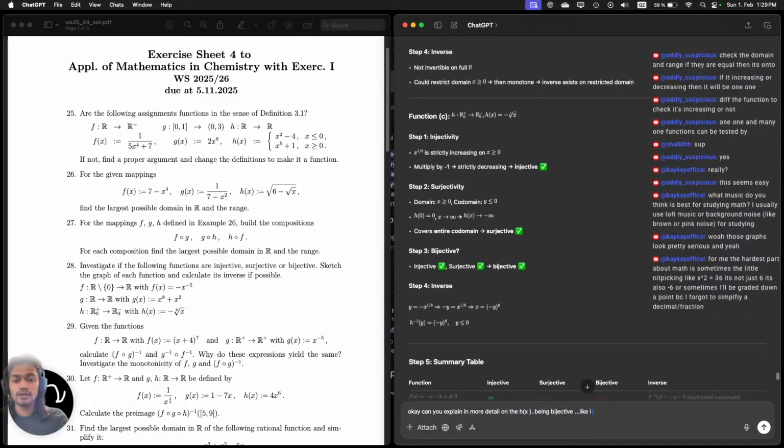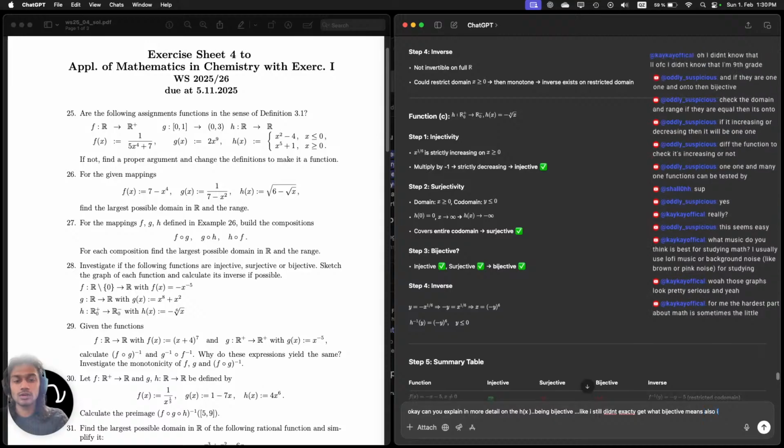Like, I still didn't exactly get what bijective means. Also, if they are one-one and onto, then bijective.